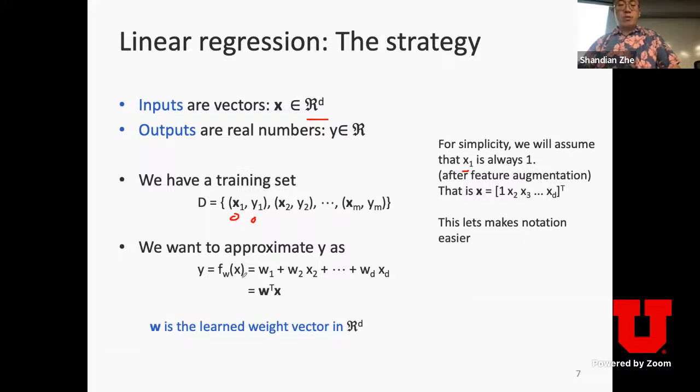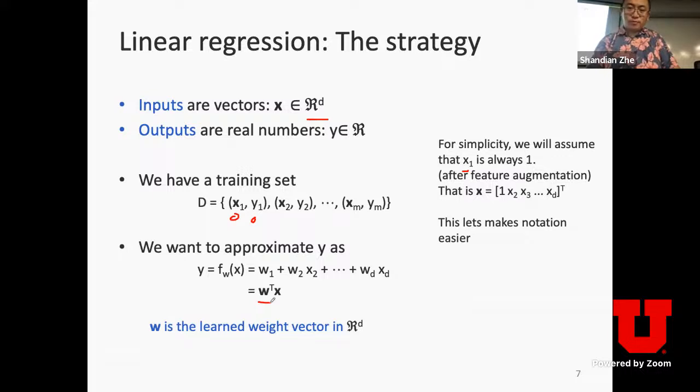So our linear regressor has this form, w1 plus w2 x2 plus up to wd xd, which can be further simplified as a dot product between the weight vector w and the feature vector x. Does it make sense? Any question? So this is a general framework. Is everyone comfortable?